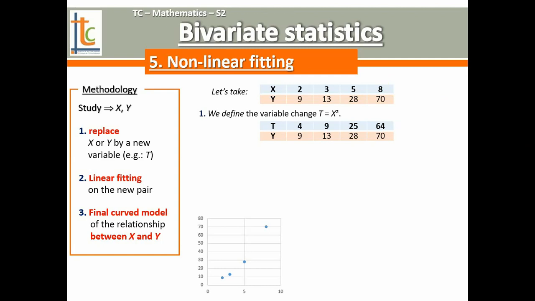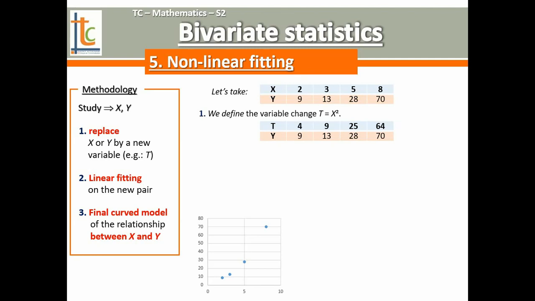So if you go on the stat mode, you can enter the values of x in list 1, the values of y in list 2, and then you will have the possibility to make your calculator calculate the values of t in list 3, for example. Just go to the location on top of list 3, on the title, list 3 or L3 for Texas, and at this place you can type a formula, which would be here list 1 squared.